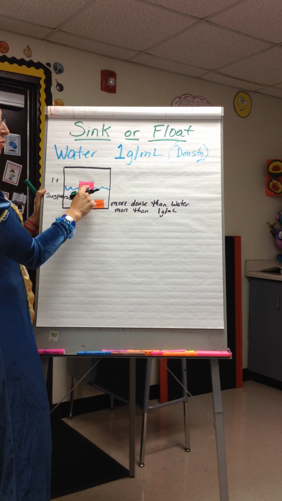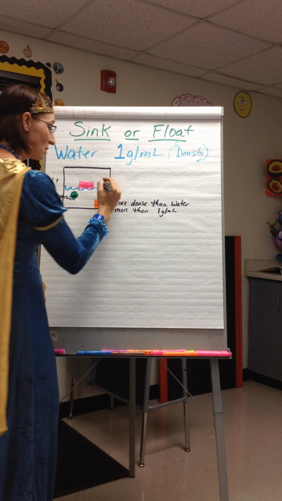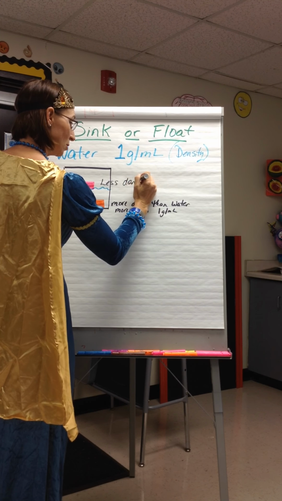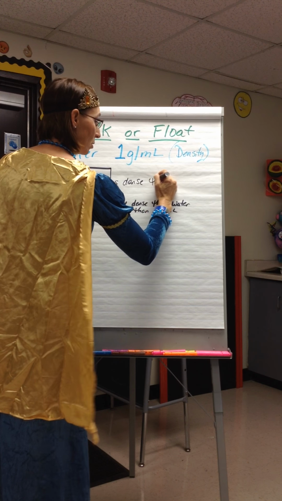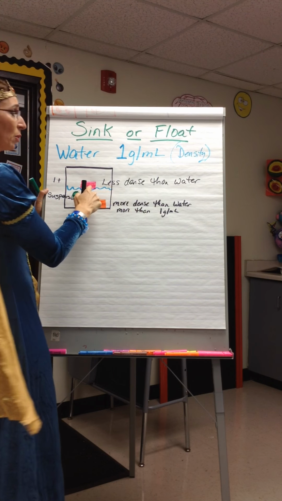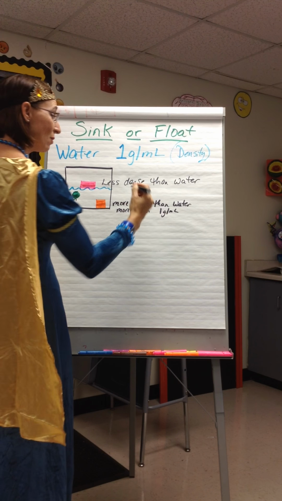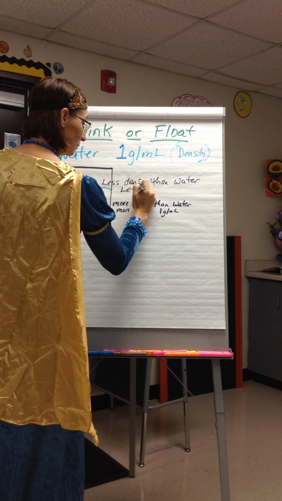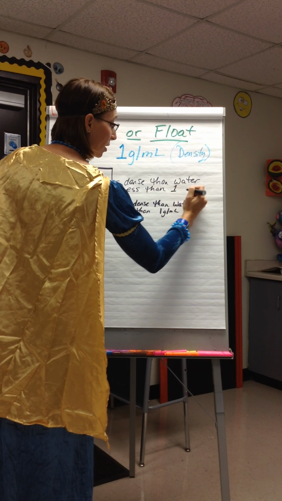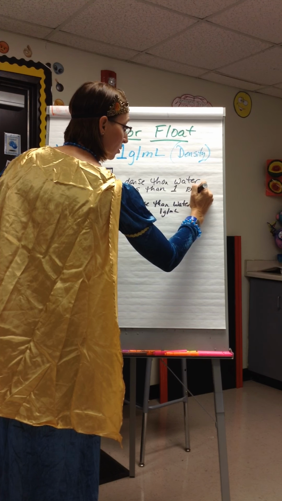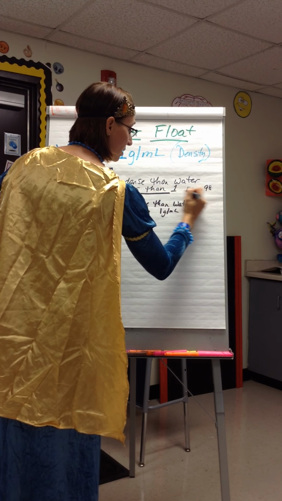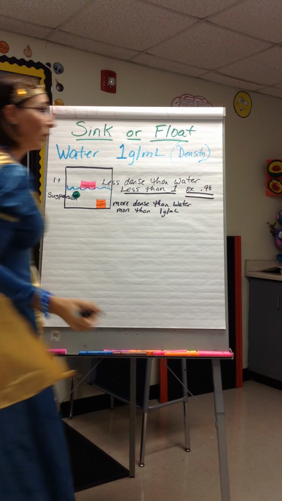Okay, so what would this be? More or less than 1? This is less dense than water. So this number is going to be less than 1, for example 0.98.